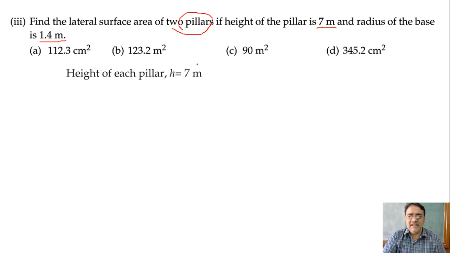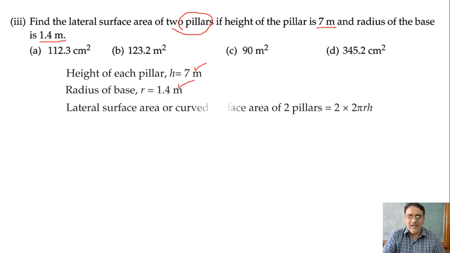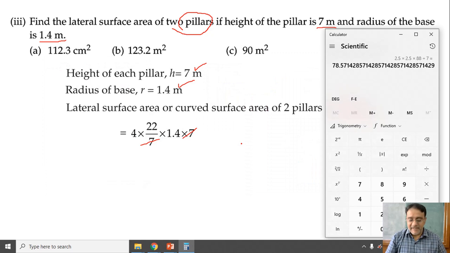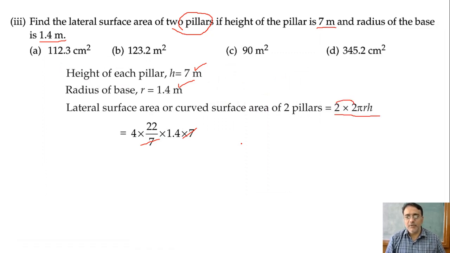So the lateral surface area, that is curved surface area of two pillars, is 2 into 2 pi r h. So this will be 4 into 22/7 into 1.4 into 7. Now if you multiply 88 with 1.4, you'll get 123.2 meters square. So which option is the correct one? B. Right, the B one.